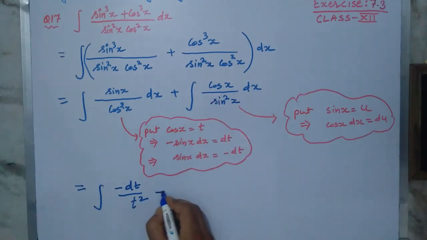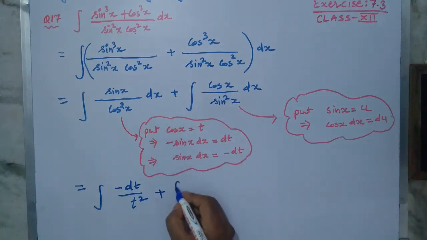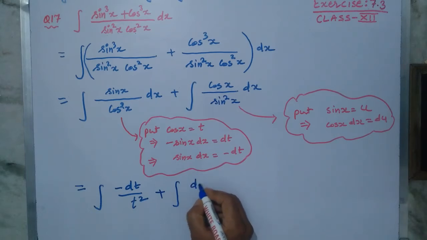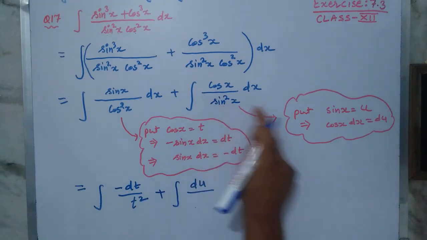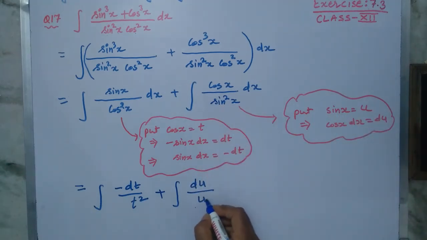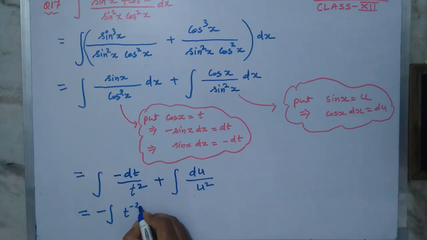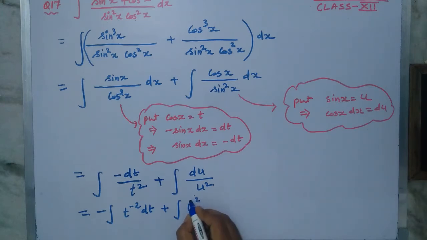Next, plus sign is there, integration of cos x dx, which means du, whole divide sin square x, which means u square. So this way we write equal to minus, outside, integration of t raised to power minus 2 dt plus integration of u raised to power minus 2 du.